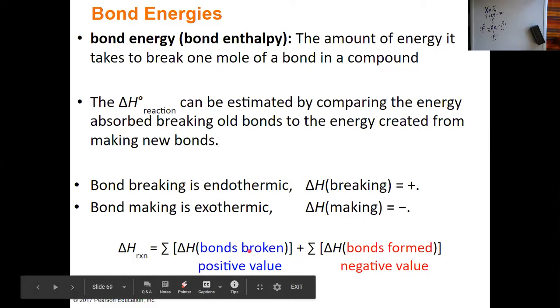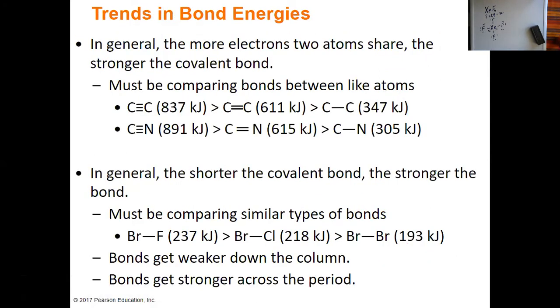So you're going to take bonds broken and add it to the bonds formed value. Positive value plus a negative value. And that will give you the delta H of the overall reaction. Okay.